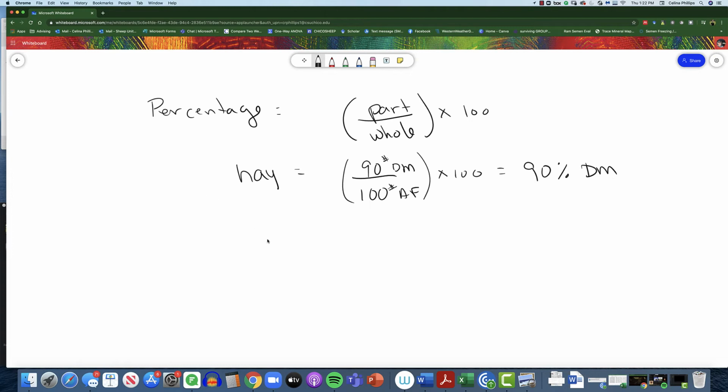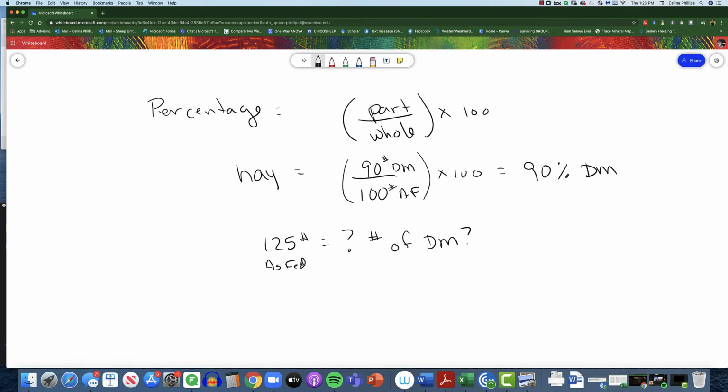So what we're saying is that 90% of a bale of hay could be dry material. As another example, what if our alfalfa bale of hay weighed 125 pounds, and the question is, how many pounds of dry matter? I'll make a note of this as fed.